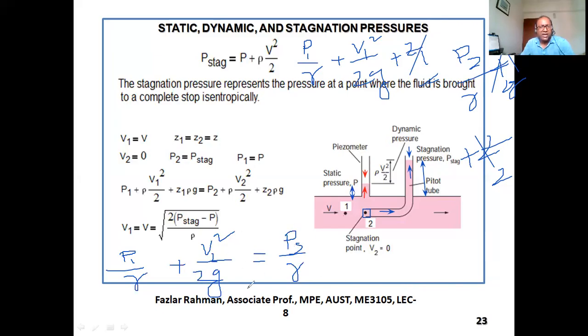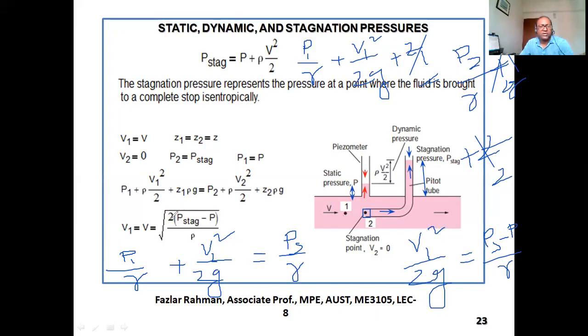So by rearranging this equation, you can figure out V1 from here. How? You can say V1 square by 2G equal to (PS minus P1) divided by gamma. Then you figure out V1.